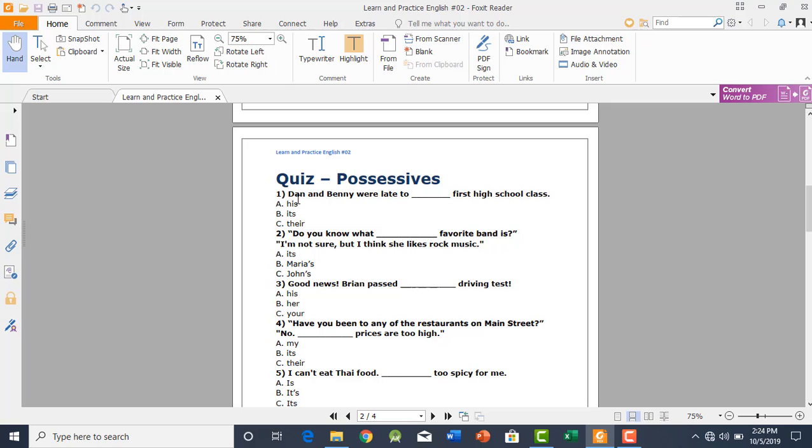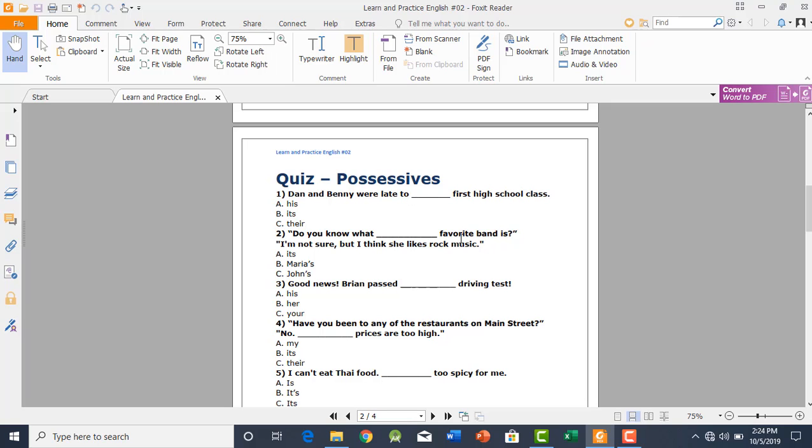In question 1, Dan and Benny were late to dash first day. So in this quiz you are to judge the correct possessive word according to the situation given in the sentence. In the first sentence we clearly see that there are two people, so we should use their in this particular blank.